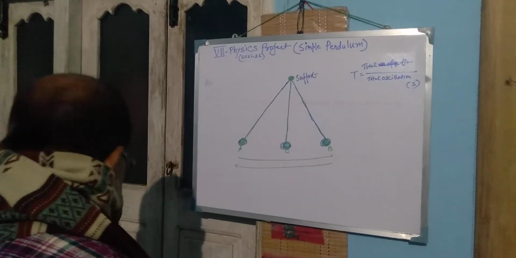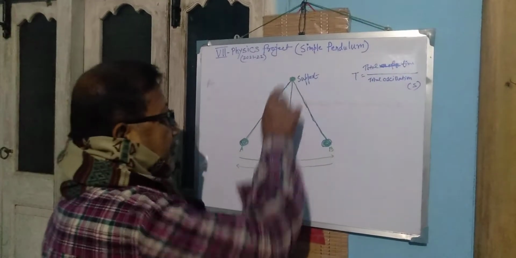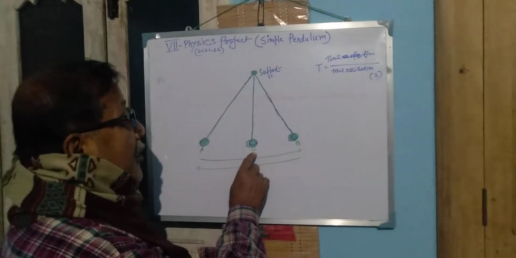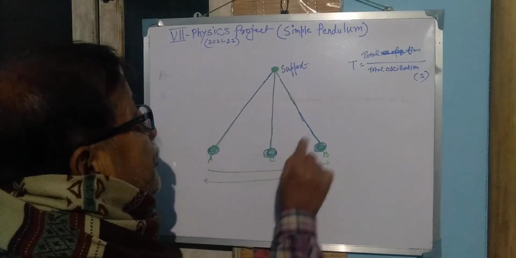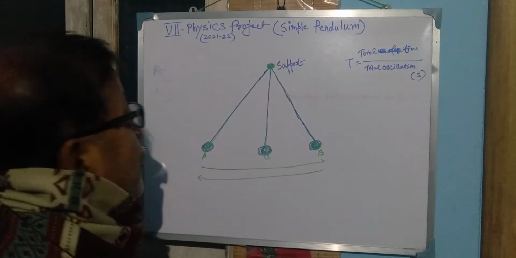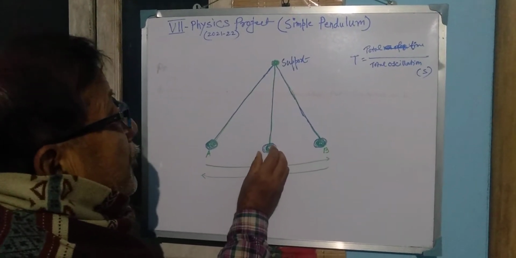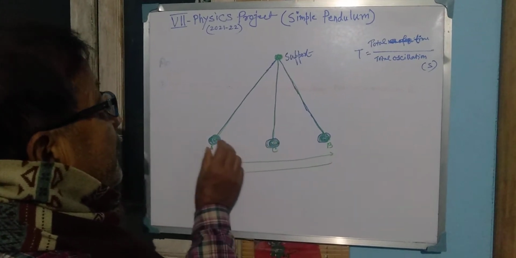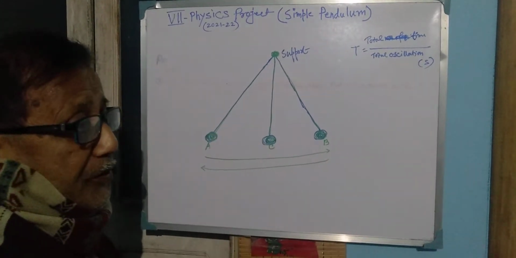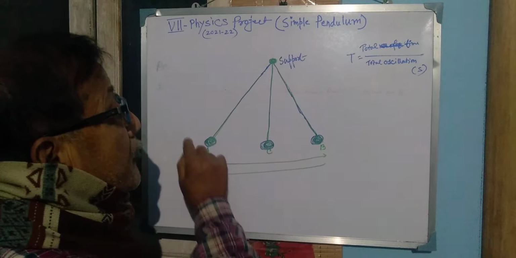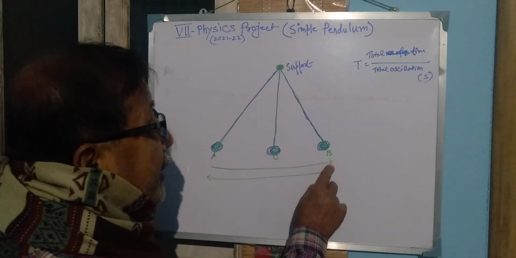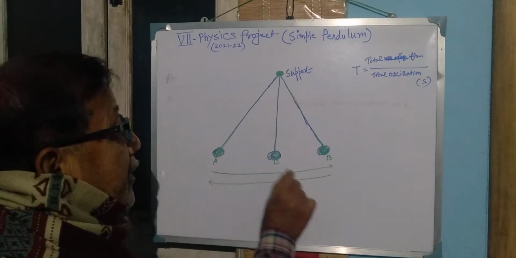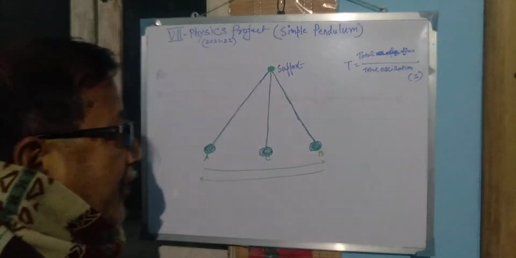Now here you see, this position C is the central point, the mean position. Now it is oscillating. So what you do, you hold this bob, keep it at this end, then release. It will swing to and fro from A to B, and again it returns from B to A. It is one complete oscillation.